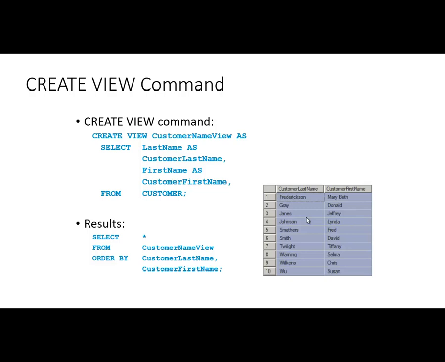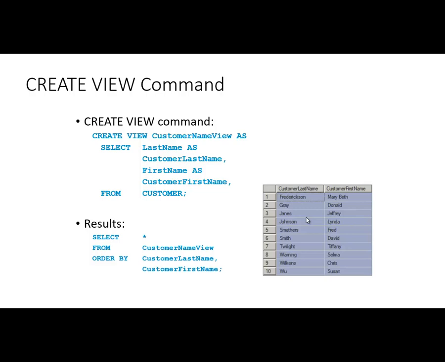Although the view has been created, it will not show on the screen. We did create it, but it will not show on the screen. Rather, it will be saved in the database as the customer name view. To see or display the results, we use the select statement with the asterisk, which can display all records within the new view.